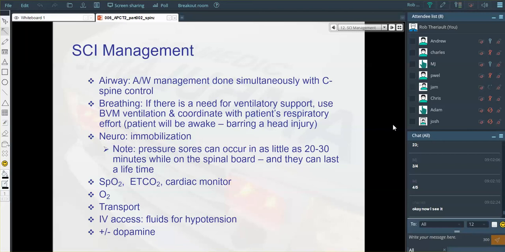And it's not good to have a vomiting patient who's paralyzed. So at one point we started getting away from dopamine and just fluid resuscitating them. And you can give them 30, 40 cc's per kilo, just enough to get their blood pressure up to about 90 or so, so that they're awake and their brain is adequately perfused.